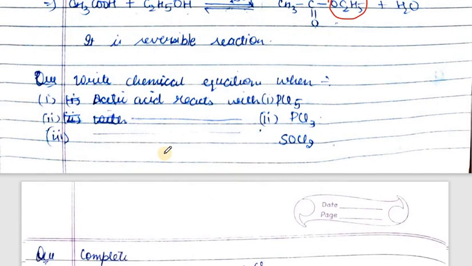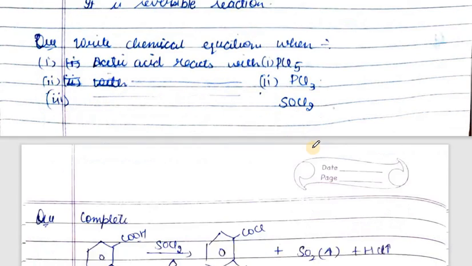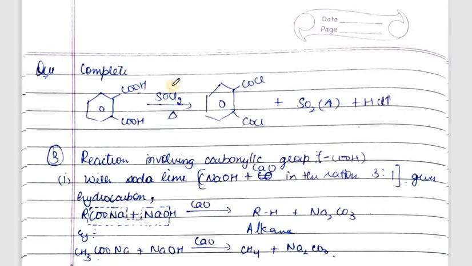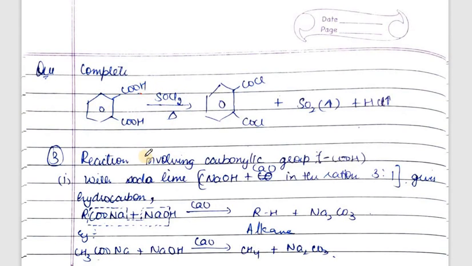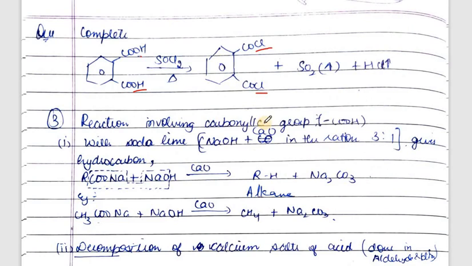And questions can be asked as: write the chemical equation when acetic acid reacts with PCl5, PCl3 or SOCl2, or it can be asked to complete this reaction when this dicarboxylic acid is treated with thionyl chloride, then both OH groups are replaced with Cl, that is, acid chlorides are formed.